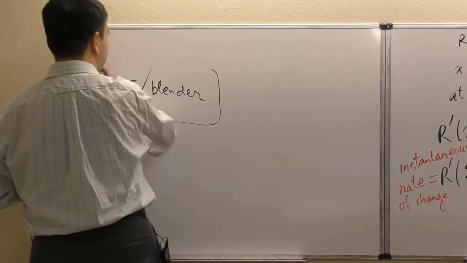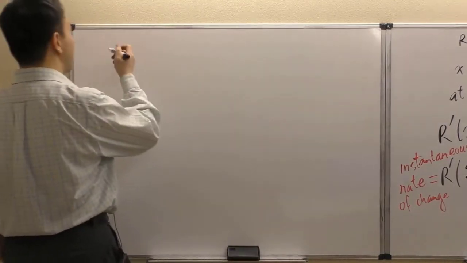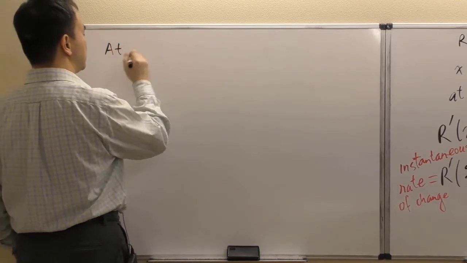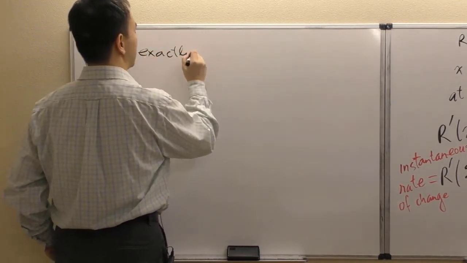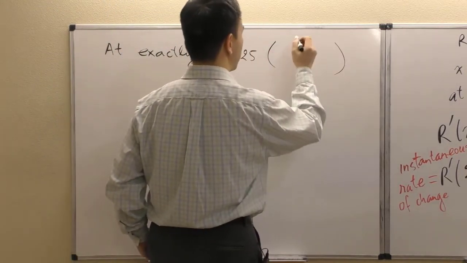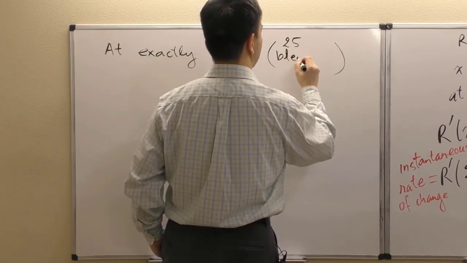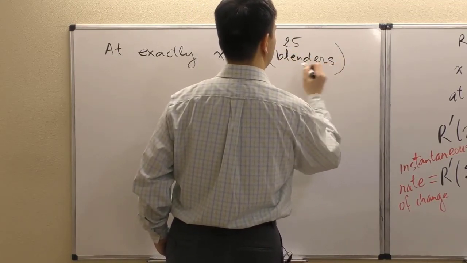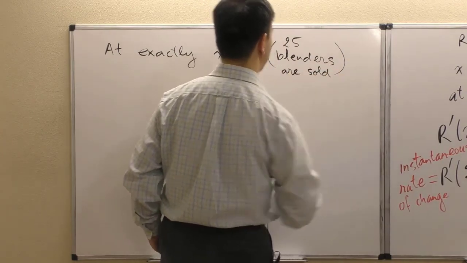So now I'm saying at exactly x equals 25, this means 25 blenders are sold.